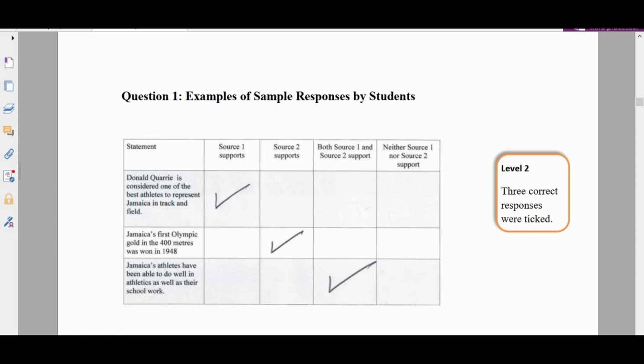With the Arthur Wint, source 2, that also proves that he was able to do well not only in sports, but he also became a medical doctor, came back and was the only resident doctor in the parish of Hanover. All right, so that proves that he did well academically. However, it says neither source 1 or 2 support that.